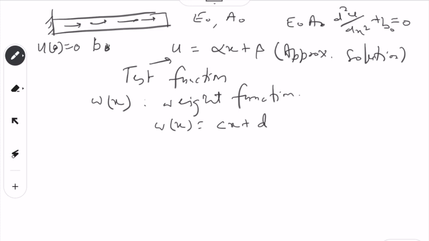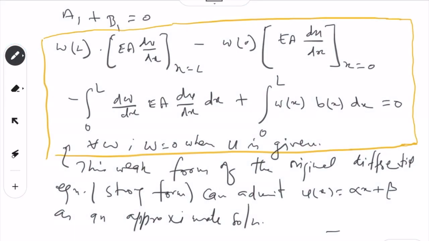Since wx is arbitrary, remember, our solution is valid for all w, that is what it says, with a minor condition that w has to be 0 where u is given. Otherwise u is general, this is for all w.